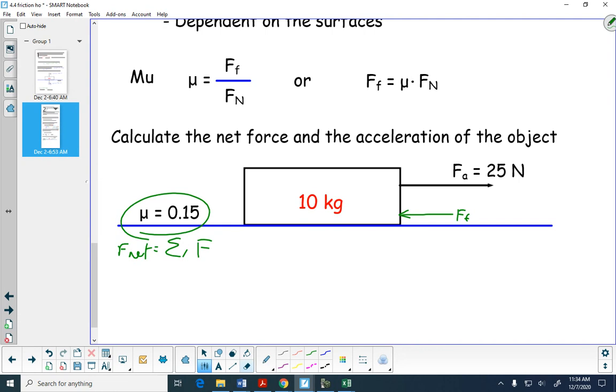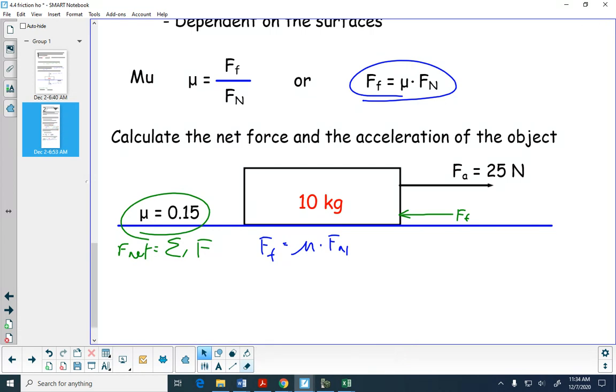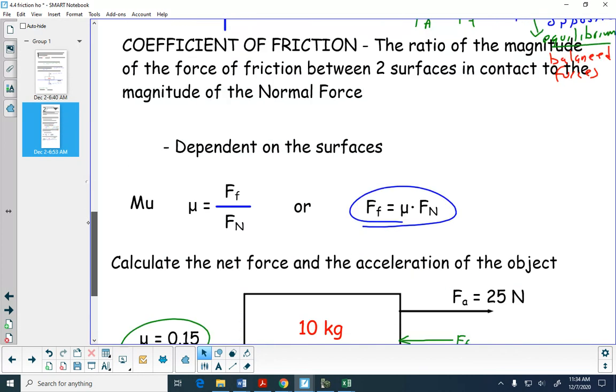How do we calculate our force of friction? Our force of friction is mu times the normal force. How do we calculate our normal force? Katie, how do we calculate a normal force?